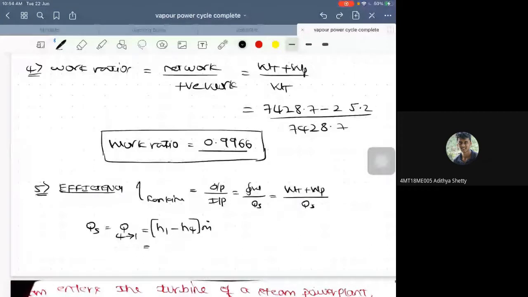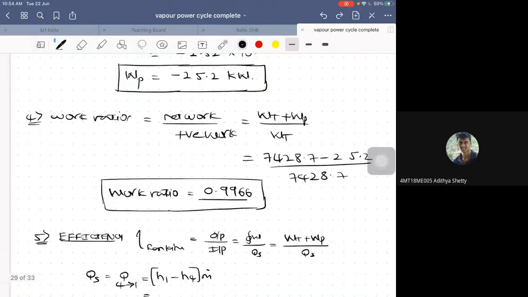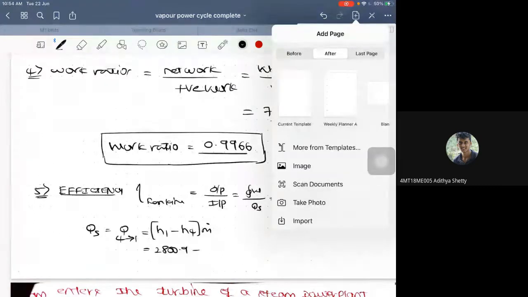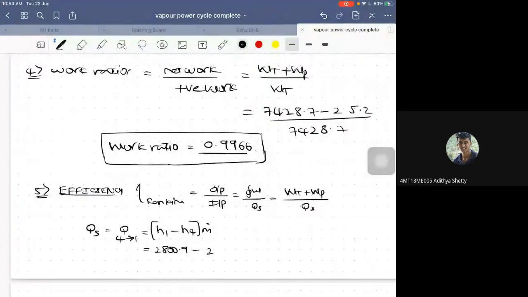What is the H1 value? 2800.9, minus H4, which is 253.92. Multiply by 10.